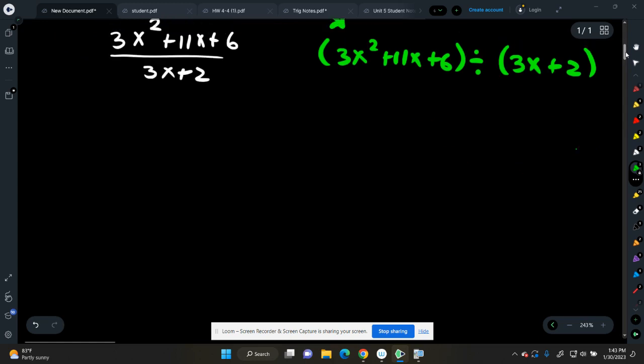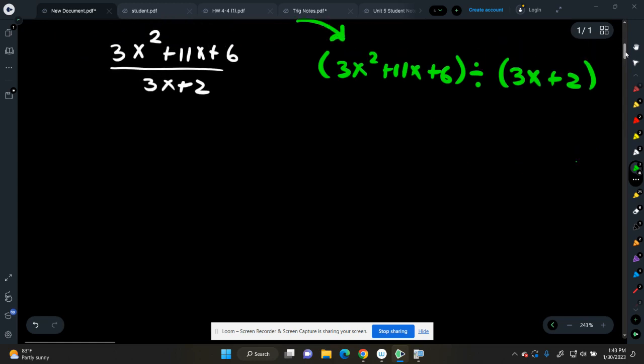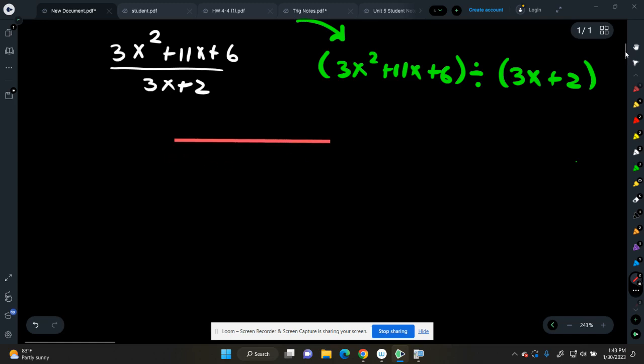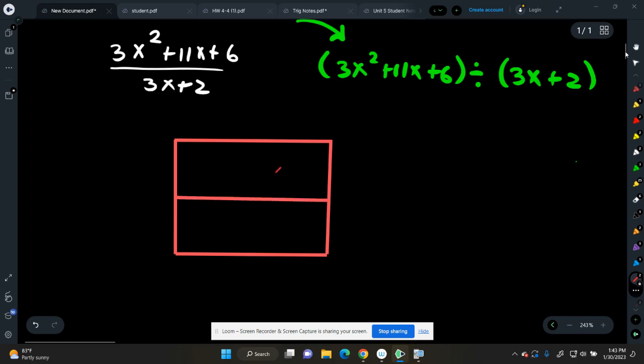Okay, so let's make our box. This is a 2x2 box also. Okay, drawing our diagonals.